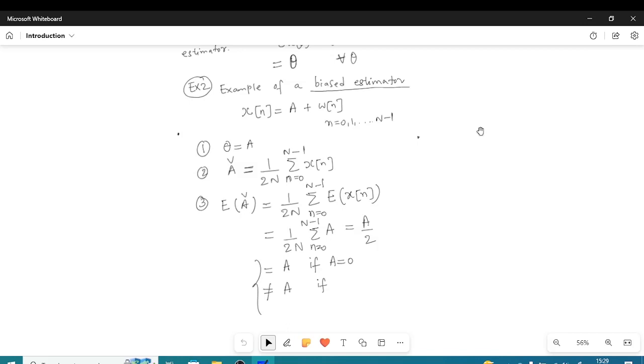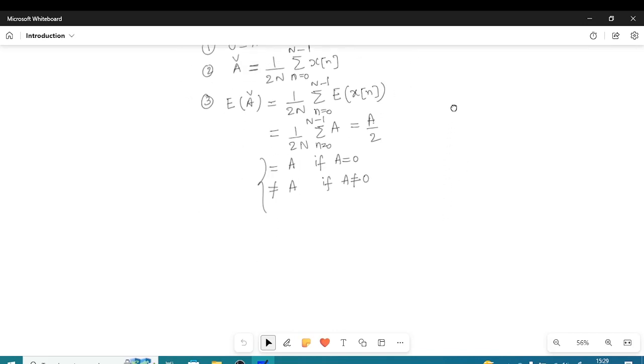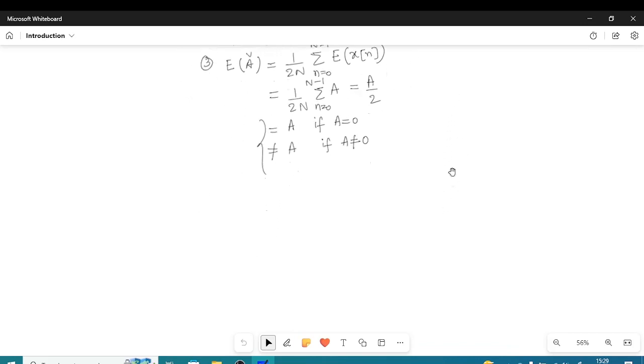Okay, so we can say that A tilde is a biased estimator. Why? Because average value of A tilde is not equal to A if A is non-zero.